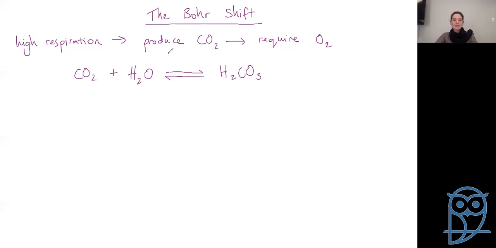There's an enzyme involved here because we are biologists. Carbonic anhydrase. Everything in biology is enzyme controlled. Carbonic anhydrase makes carbonic acid. So you can use the names of the different things to help you remember.